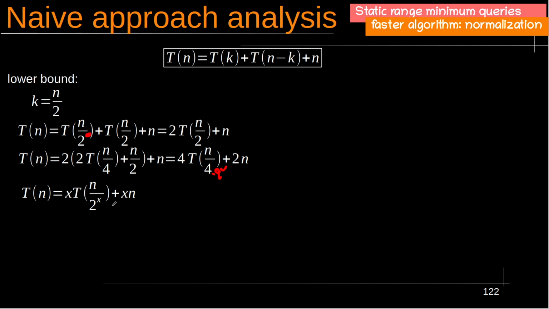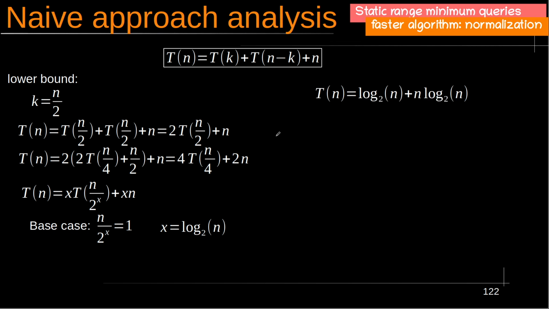In the base case, we get just one element here, which means n over 2 power x is equal to 1, which means x is log base 2 of n. So we substitute x by log base 2 of n, and we get n plus n log base 2 of n.